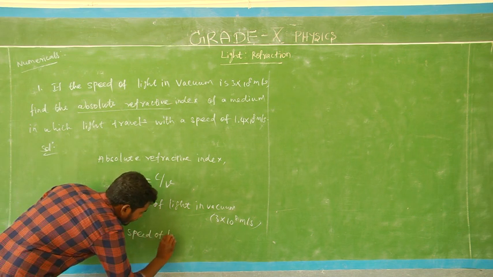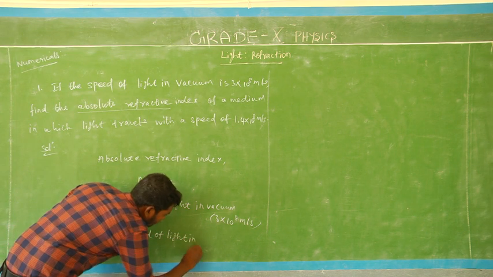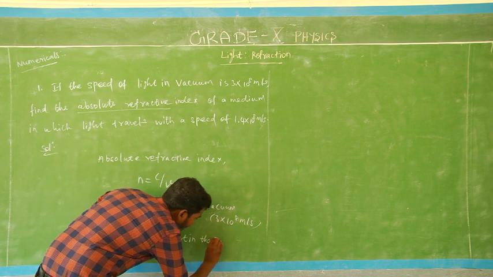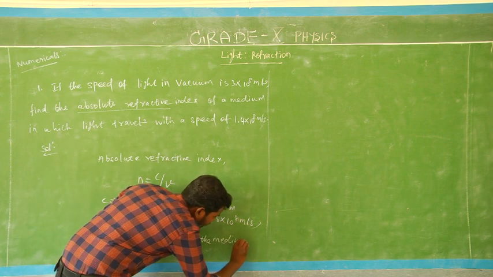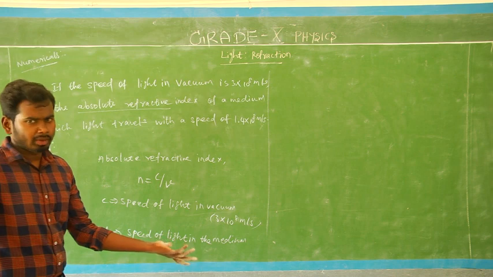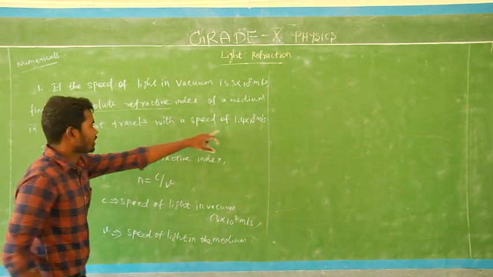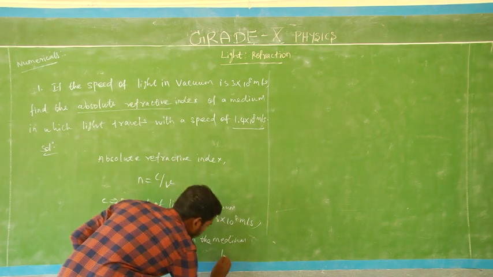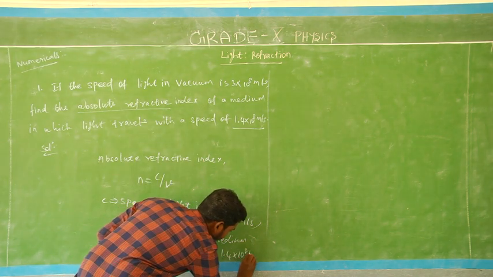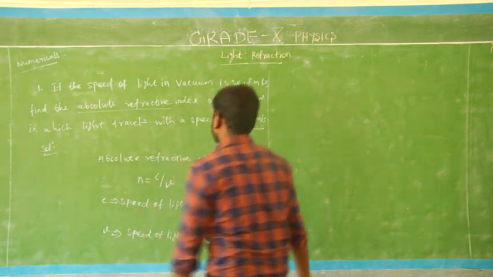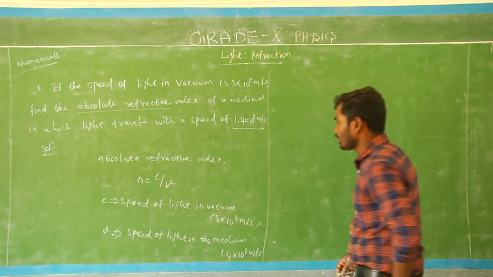Speed of light in the medium. That medium's name is not given. So that is 1.4 into 10 to the power 8 meter per second. Now we find out the absolute refractive index value.